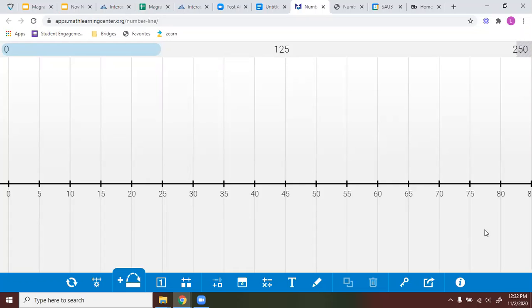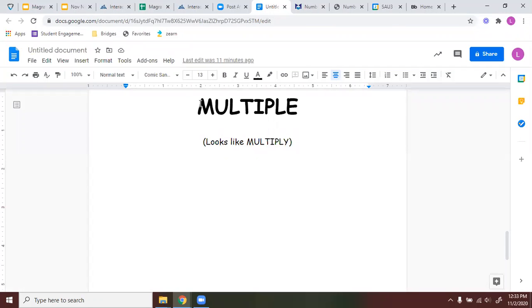So when we're rounding, we're going to be looking to see where our target number falls and what it's closest to. You're going to hear me say the word multiple a few times. The word multiple sounds and looks a lot like multiply, and it's very closely related to multiplication.